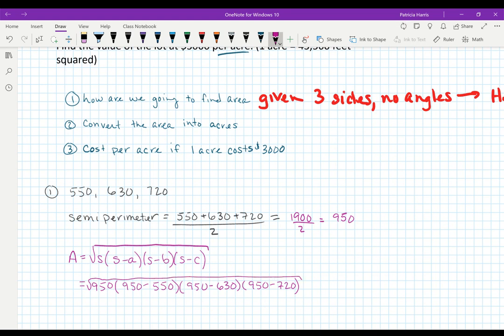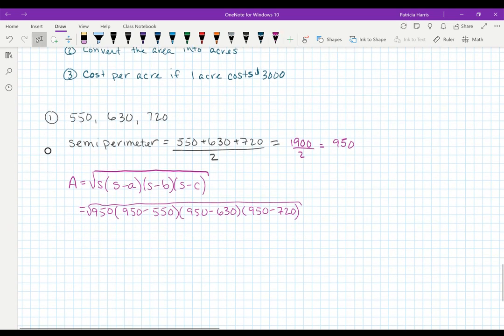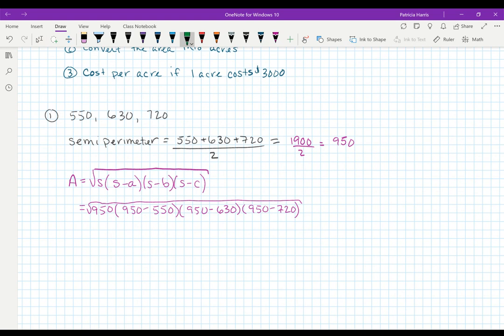Now, depending on your comfort level with your calculator, what kind of calculator you have, you could do some scratch work. So 950 minus 550 would be 400 if I do that subtraction.